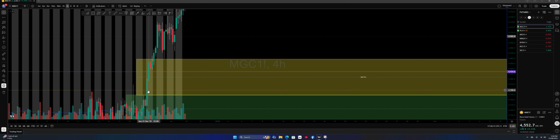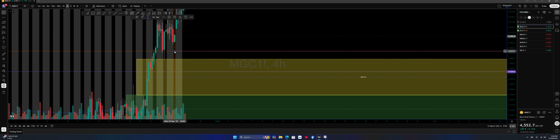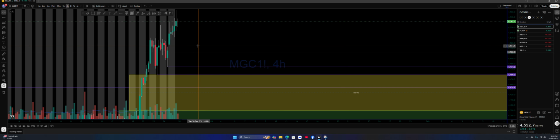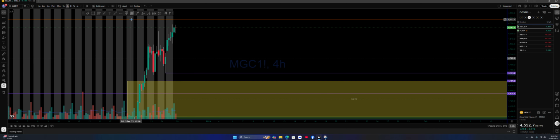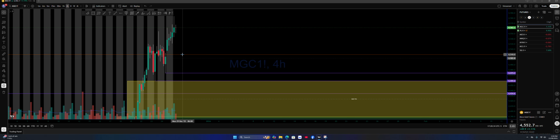So I see another fair value gap here. All right, we have this low, and then this one is like right at the top of the FVG. Isn't that interesting that that's where it bounced? And then we have this consolidation here.